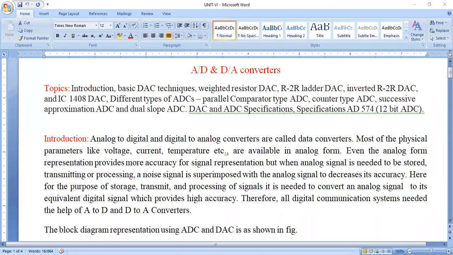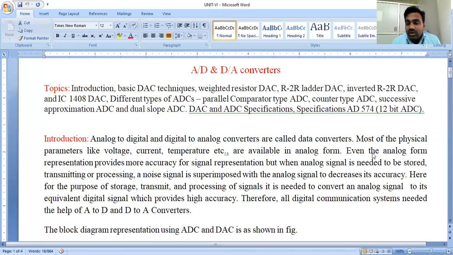Here the measurement of an analog signal, its transmission, its processing, or eliminating noise from it plays a vital role in the concept of data converters.